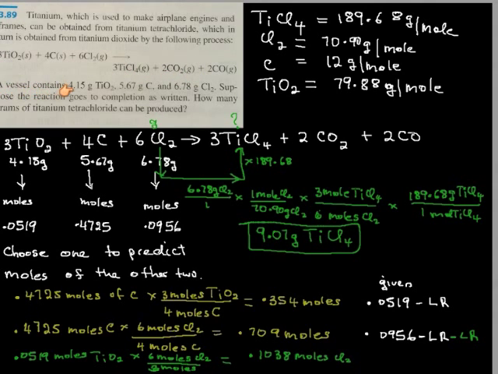You have a vessel that contains 4.1 grams of titanium dioxide, so that's a given, 5.67 grams of carbon, so that's given, and 6.78 grams of chlorine, and that's given. And suppose the reaction goes to completion as written, how many grams of titanium tetrachloride can be produced?